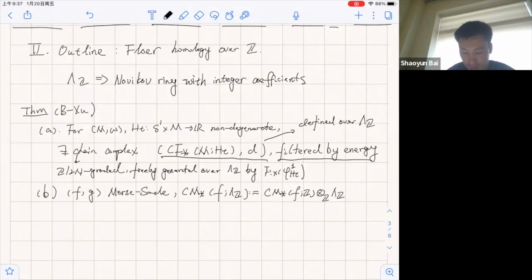This is the usual construction of Floer theory. This is just the chain complex which induces the Floer homology. And the point is we can define it over the Novikov ring with integer coefficients.